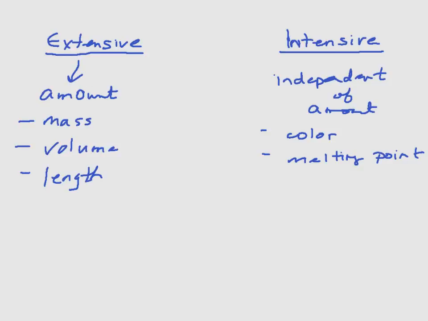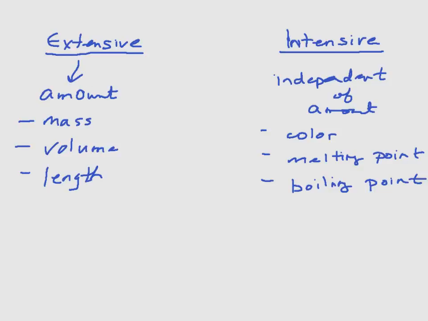It's going to still melt at 801 degrees Celsius for sodium chloride. Boiling point, as an example: if you have a small sample of water or a large one, it doesn't matter if it's a pot or a teaspoon, it's going to boil at 100 degrees.